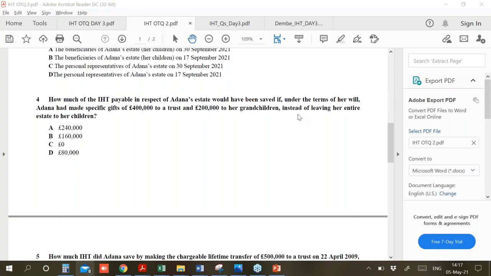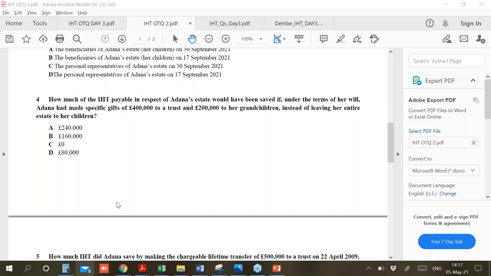Thank you, guys. C is the correct answer. It would not have saved any IHT. Because either way, if they transferred to the trust, the trustees would have paid the tax. If the children, then the children would have paid the tax. So no tax savings would have happened.